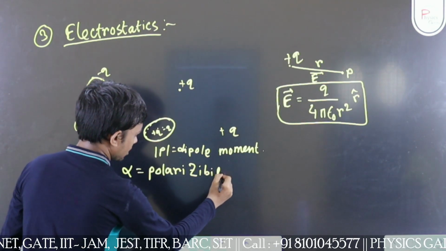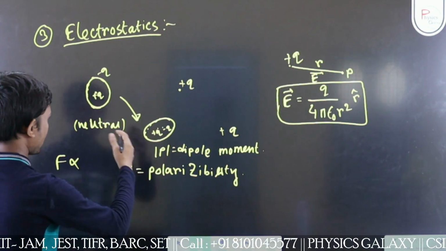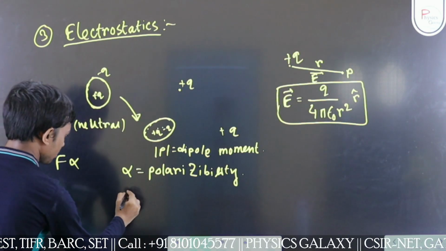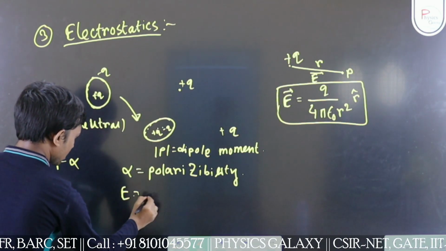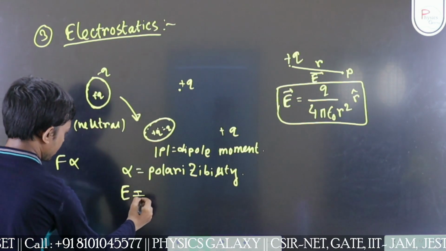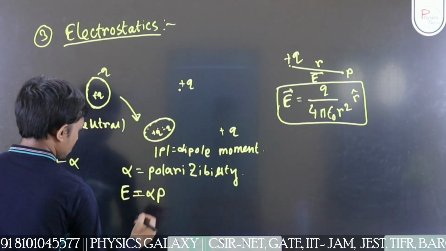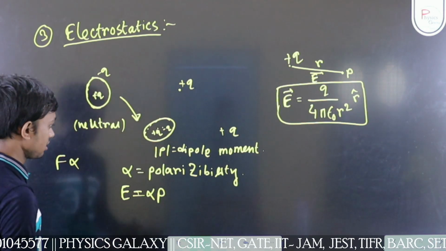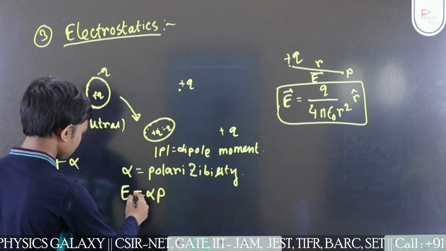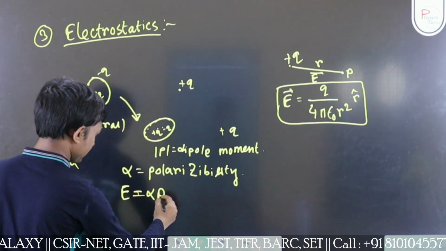Polarizability means how the atom will be polarized in the presence of an electric field. In the external electric field, the dipole moment magnitude is some multiplication of the polarizability and the field.